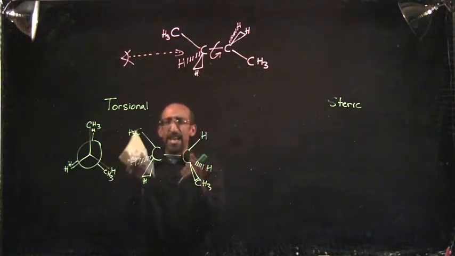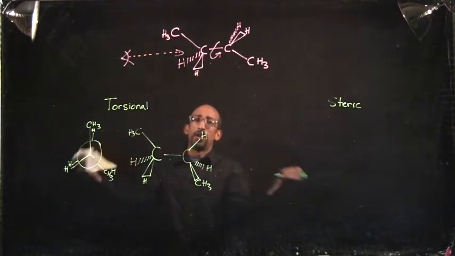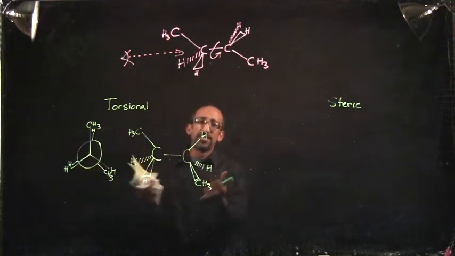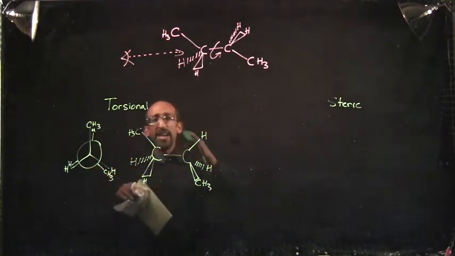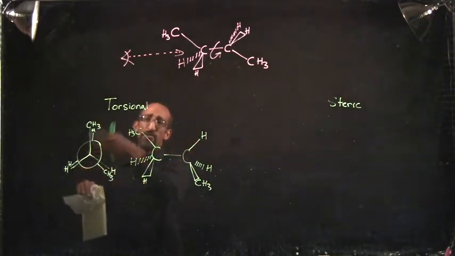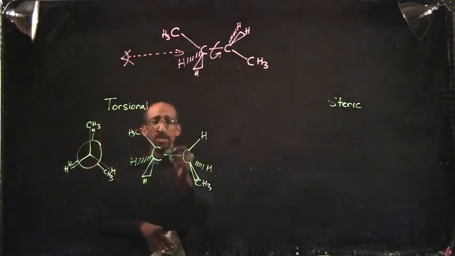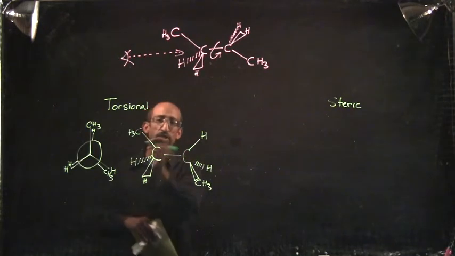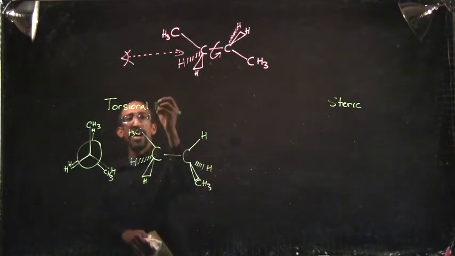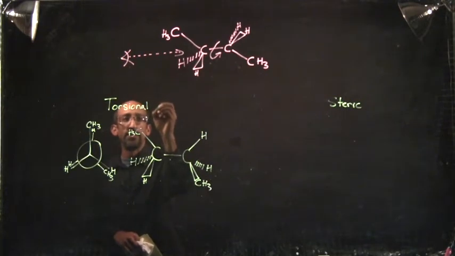VSEPR tells us that these things want to push away from each other. These similarly charged domains don't want to be close to each other, and that's true in terms of bonds being eclipsed. So this pressure that they're exerting on each other, trying to push each other away, is known as torsional strain.